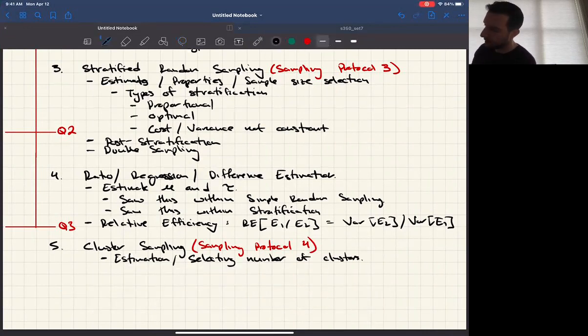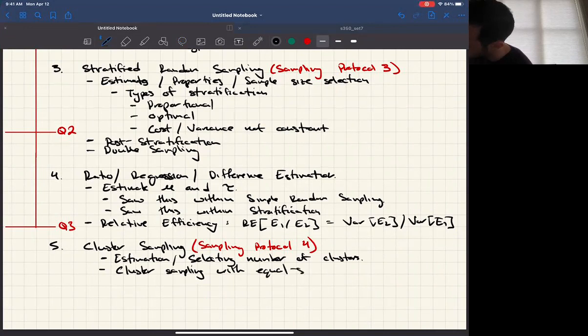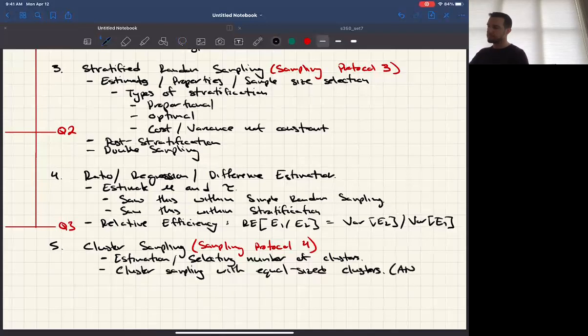All right. We had cluster sampling with equal sized clusters. And then that, I'll just put in brackets here, like this was the ANOVA style stuff that we talked about.